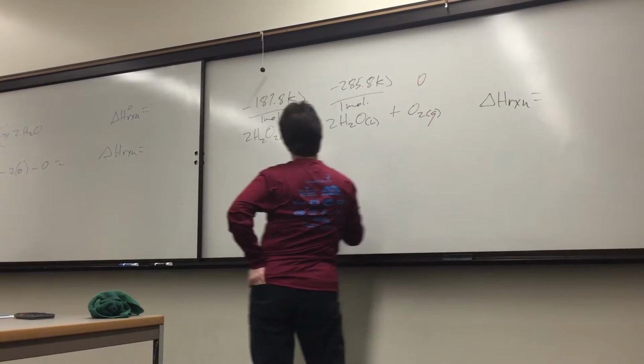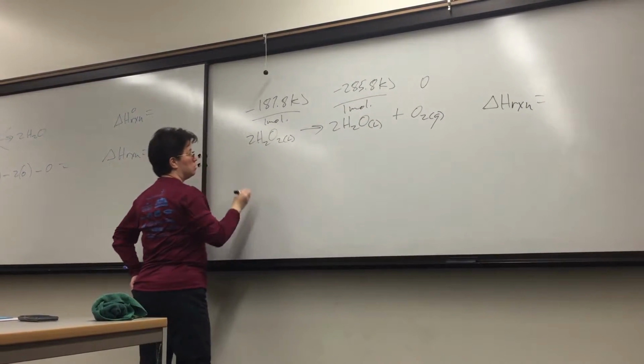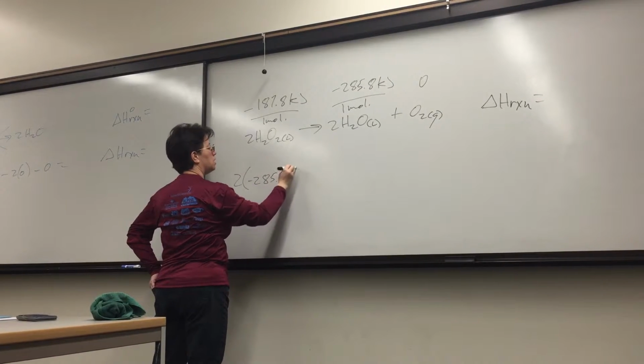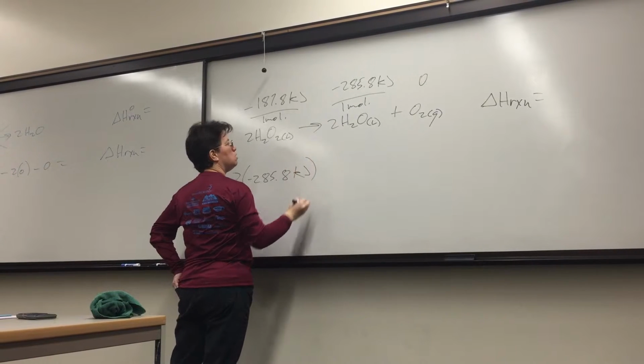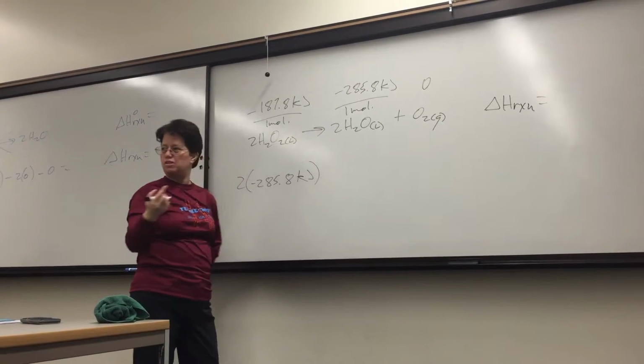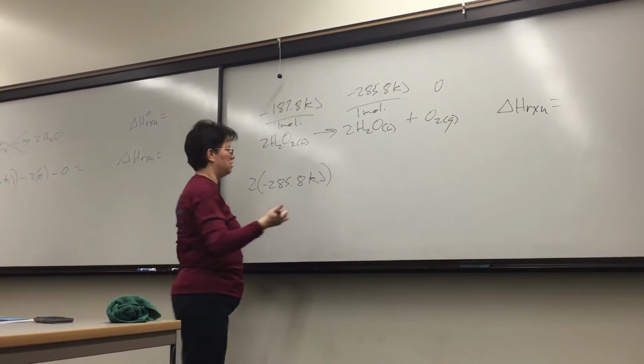Okay? So now we can do the products, which is going to be 2 times the negative 285.8 kilojoules. It's plus 0, but I'm not going to bother to write plus 0 because it's 0, right?